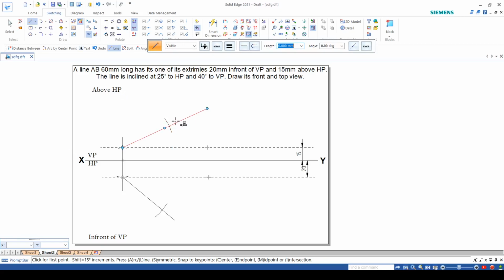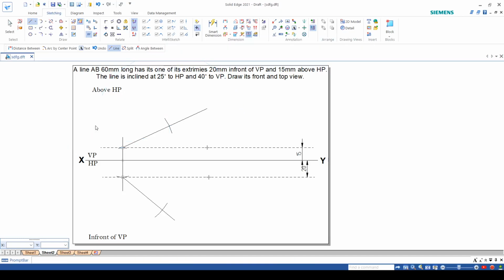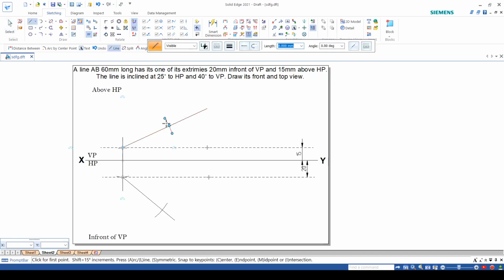Then I get the value of 180 minus 25, so I can just draw the parallel from this line. That's the method I use. Once you try doing this, you will understand how to do it.